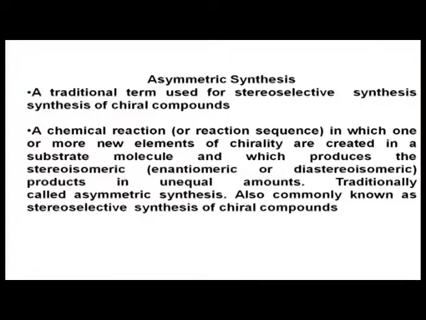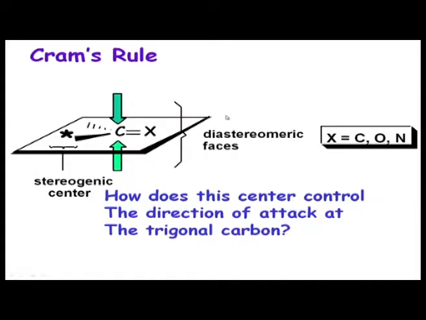But asymmetric synthesis is a general term: whenever you make a chiral center, or a series of centers, and they lead to stereoisomers in unequal amounts, then that is called an asymmetric synthesis. Now, I told you what is the basis of asymmetric synthesis: the transition state leading to the product has to be diastereomeric.